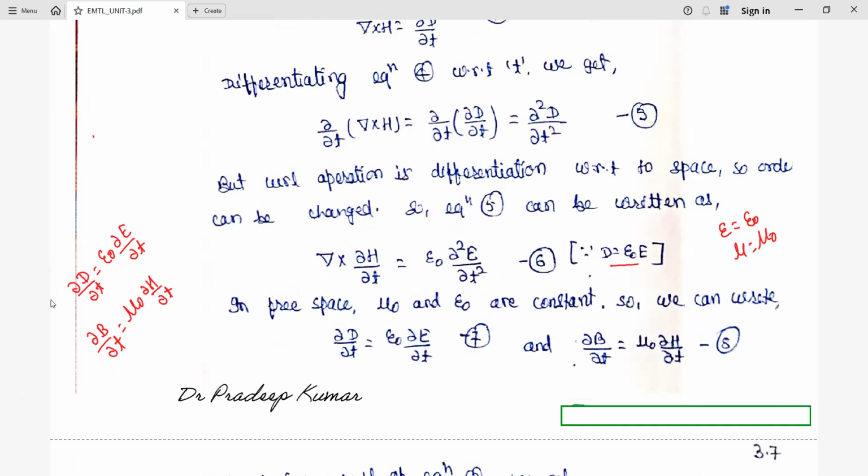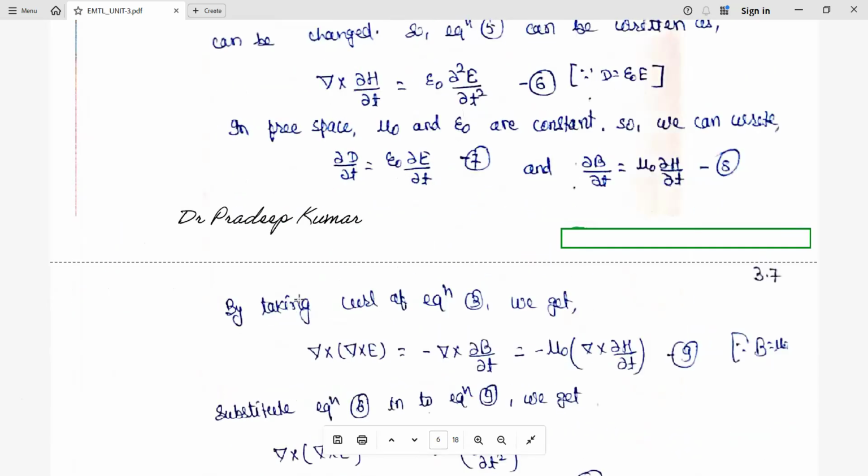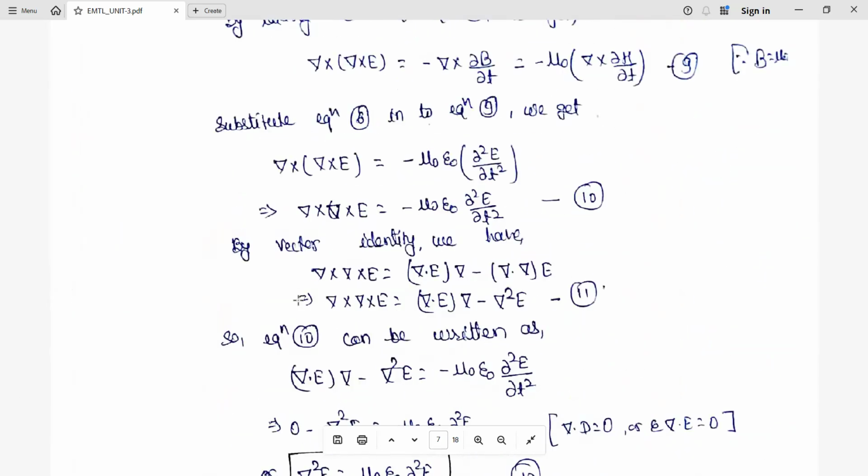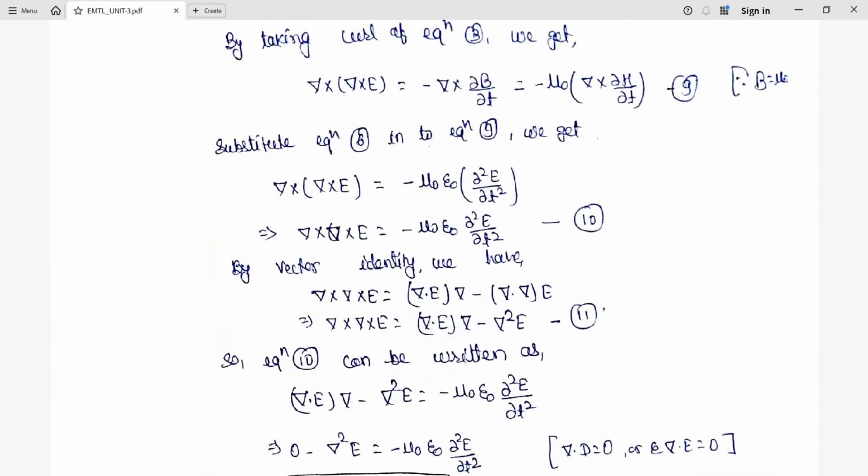So next, what process do we have to follow? Can you recall the previous derivation? So now we are going to take the curl of equation 3. When we take the curl of equation 3, here we have minus mu naught del cross dou H by dou t. So now we have to find the value of del cross dou H by dou t.